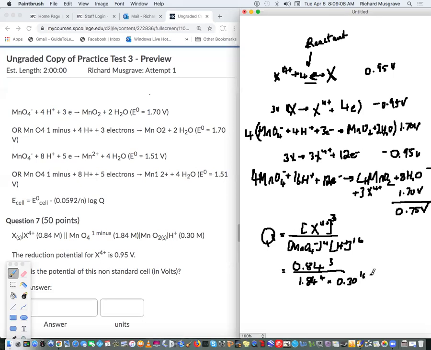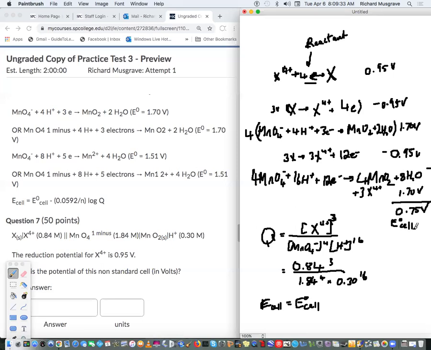So that's going to come up with a Q value, which we're going to end up plugging into the Nernst equation, which is given down at the bottom here. You can see it there, E cell equals E naught cell. That's this value up here.